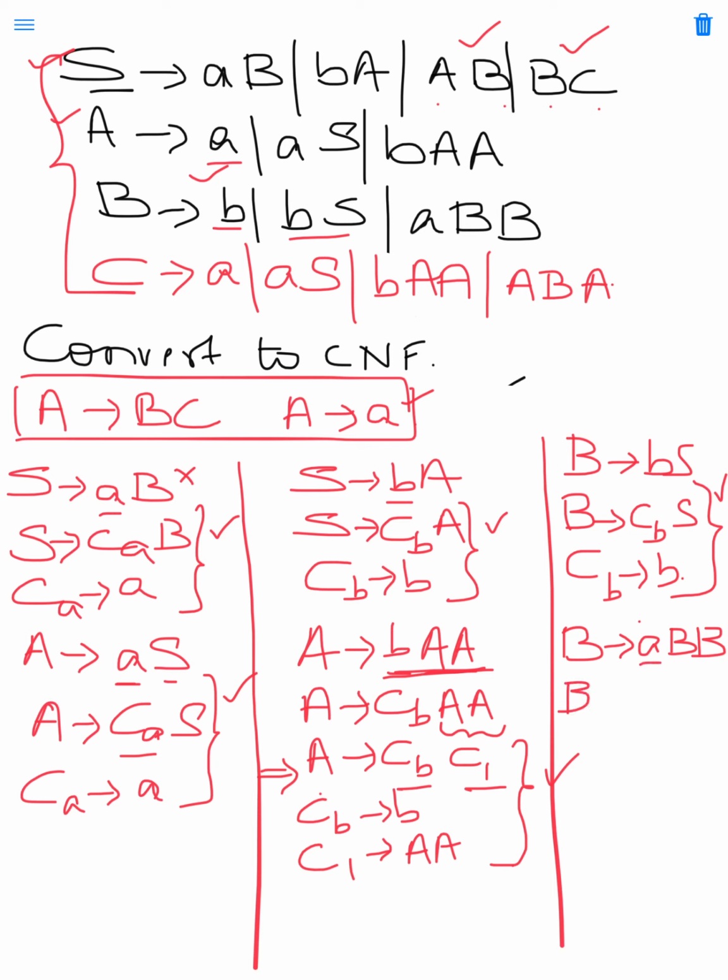So you can write it like B gives CABB, and now you need to group. Now also you haven't got the CNF form. So in order to group, keep the first non-terminal as such, CA, and then group the remaining non-terminals, C2, where CA is a and C2 is BB.